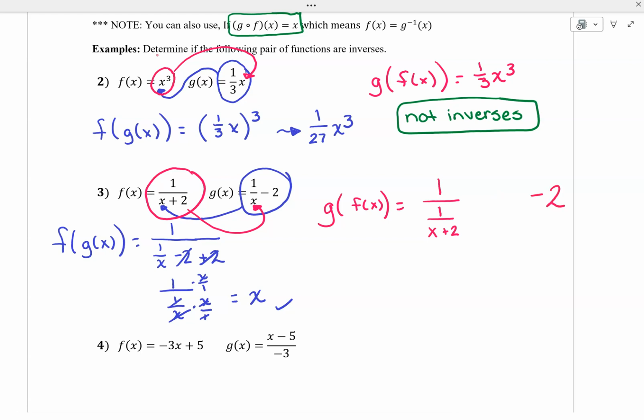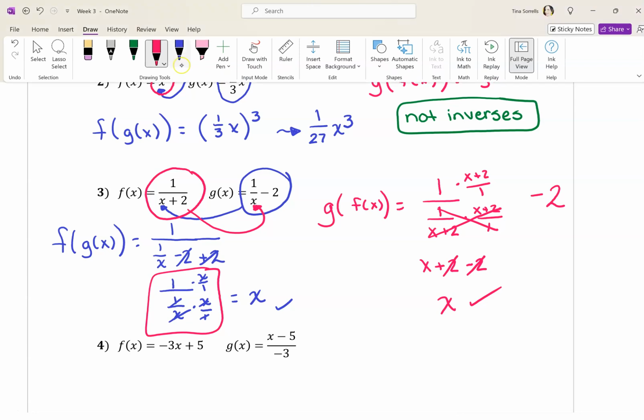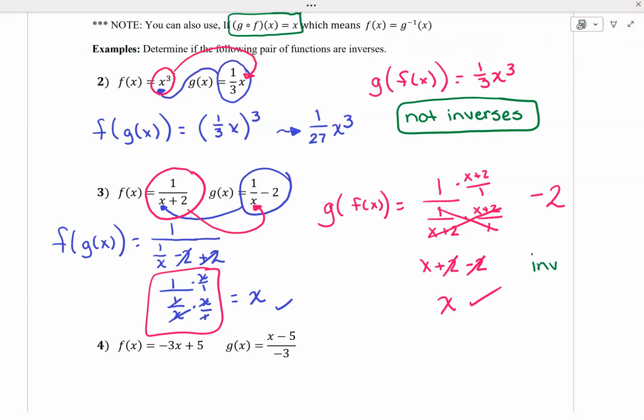We're going to do the same thing here as we did right here. So we're going to multiply by the reciprocal. Those cancel, 1 times x plus 2 is x plus 2. And then minus 2, these cancel, so we're left with x. So we got an x both times, so therefore these are inverses.